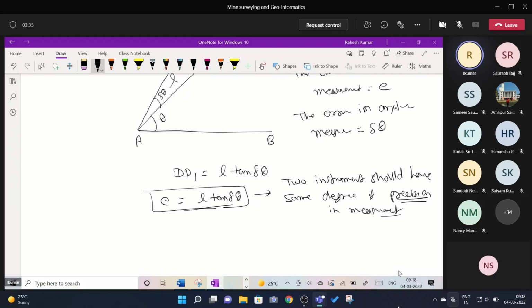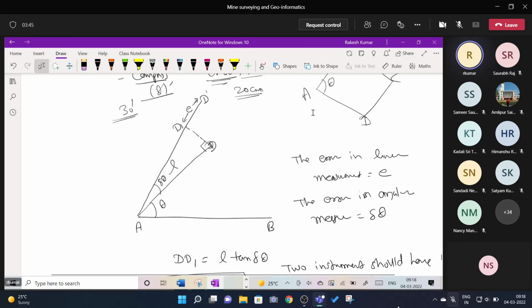If I want to write theta as tan inverse, how is E equal to L tan delta theta? That's why I'm telling you: I'm measuring theta with the compass and length with the chain. These two instruments have different utilities. One is measuring angular, another is measuring length. So they should give the same degree of precision.